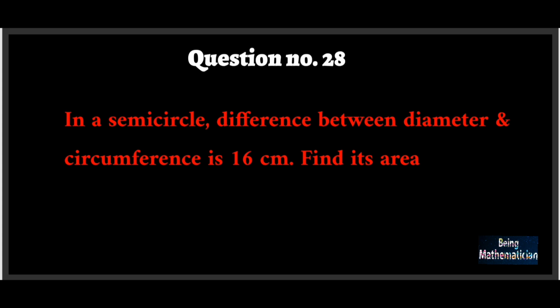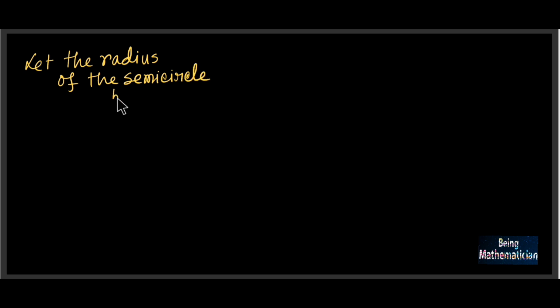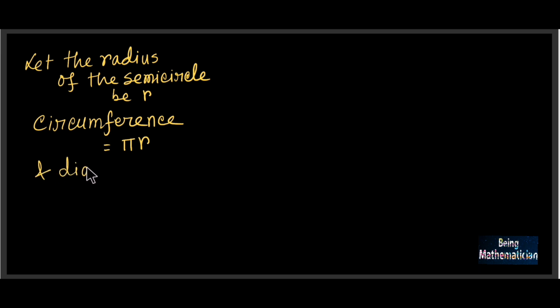Question number 28. Let the radius of the semicircle be r. So the circumference must be pi r, where pi is 22/7 and the diameter is 2r.